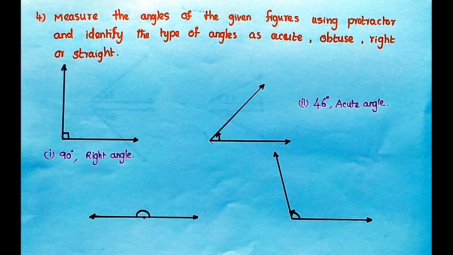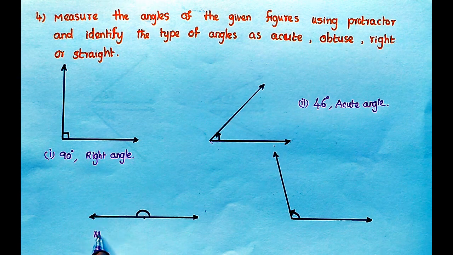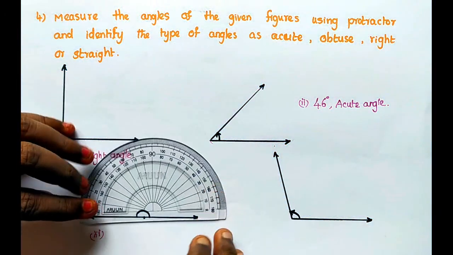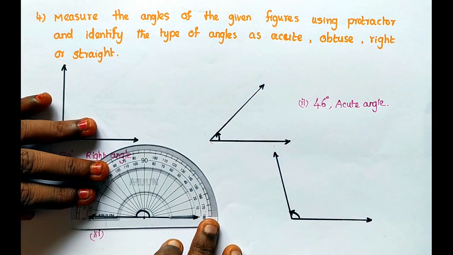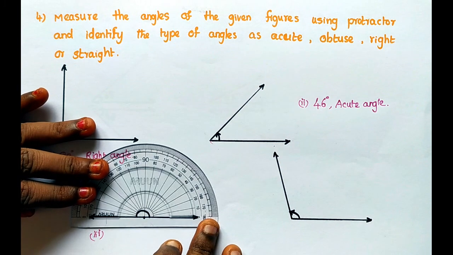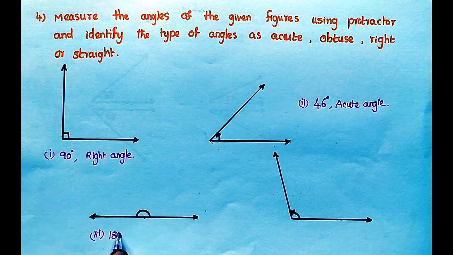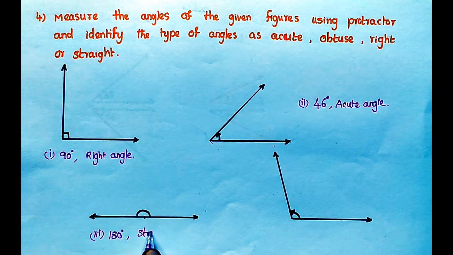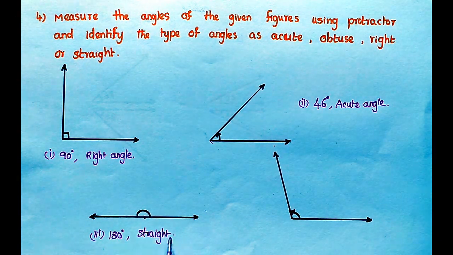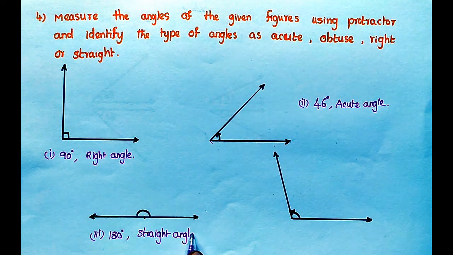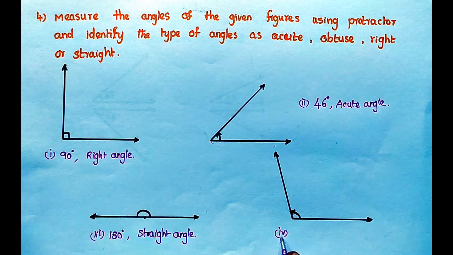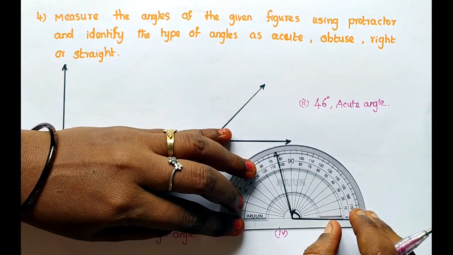Next one, third, measure this one. No need to measure, that is 180 degree, so that is straight angle. Then last one, measure this one.